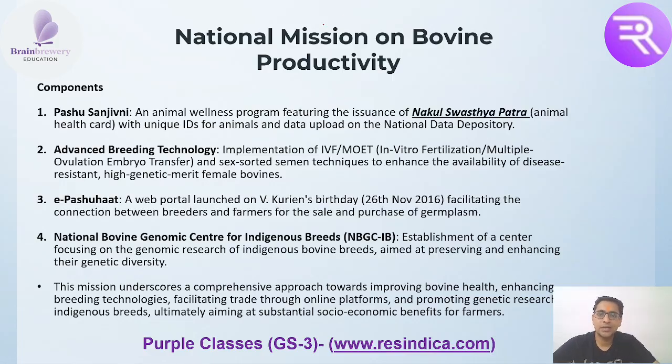So under this National Mission on Bovine Productivity, we have Pashu Sanjeevani. Pashu Sanjeevani is an animal wellness program, right? Insurance and Nakul Swasth Patra is there, that is the animal health card. Similarly, you have the Ayushman Bharat health card, right? So the same as that, we will have an animal health card, Nakul Swasth Patra.